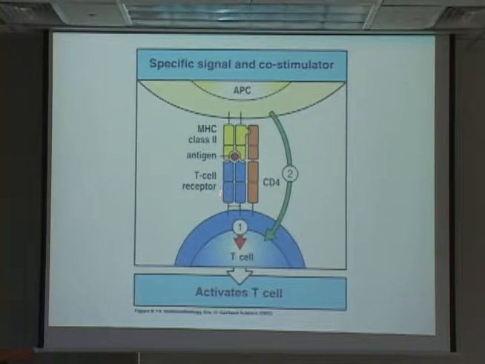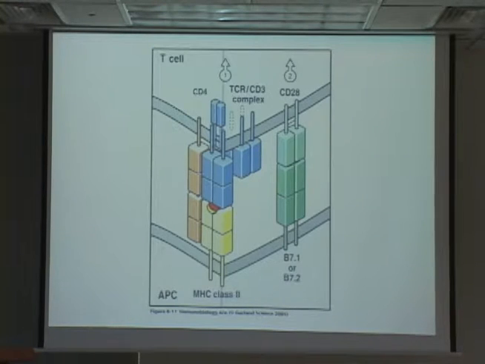Now, generally, it's thought that this is so-called signal 1. It gives a signal to the T cell, which, as I mentioned before, signals the cell, leads to inside-out signaling of LFA1 and so on. But that's really not enough to mount an immune response. In addition, you have to have what's so-called signal 2. So let's think about signal 2. And here, the most important molecule initiating signal 2 is CD28.